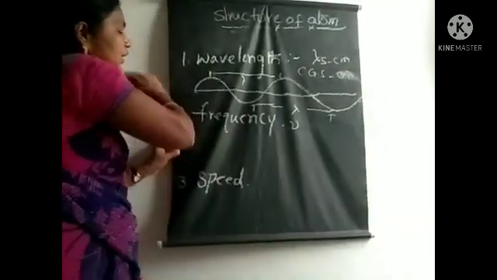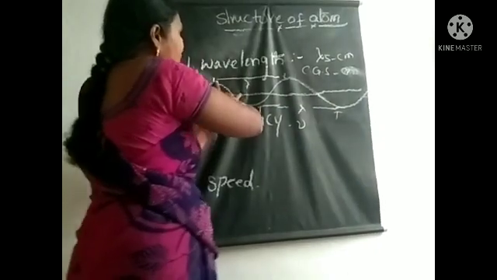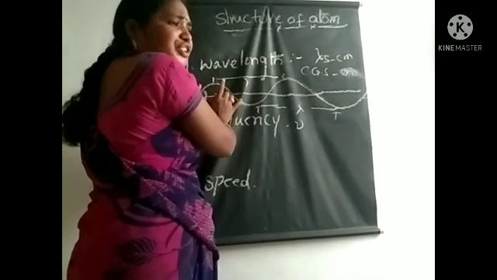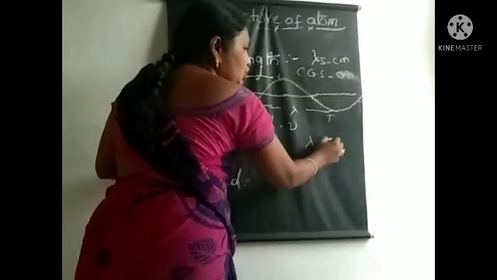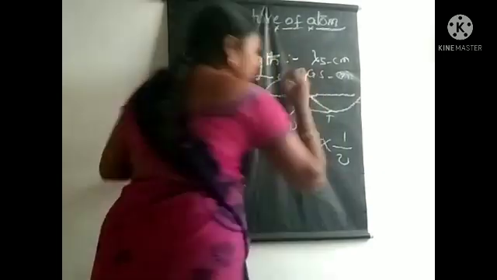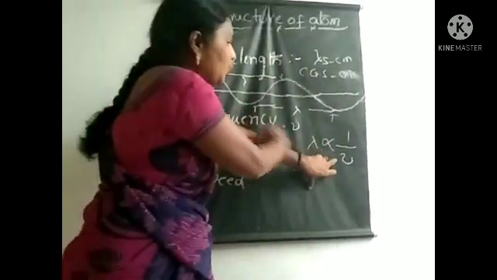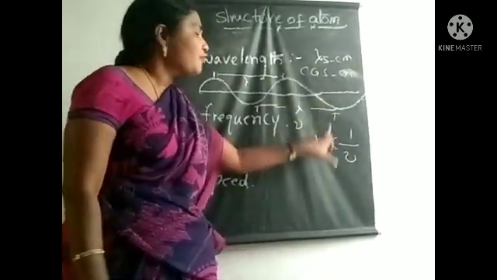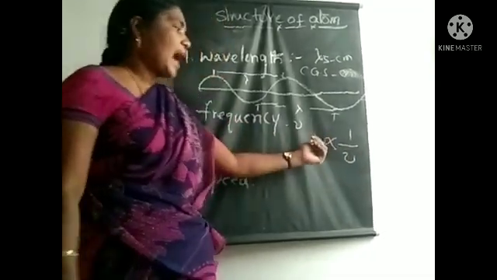Here, one observation is that wavelength is denoted by lambda. Lambda is inversely proportional to 1 by mu. That means wavelength is inversely proportional to frequency. When wavelength is high, frequency is low, and when frequency is low, wavelength is high.